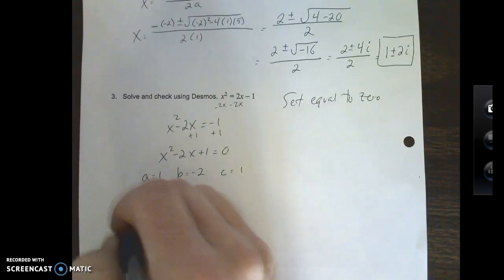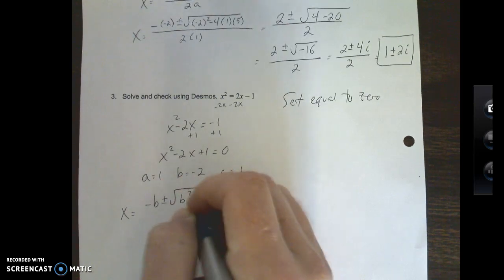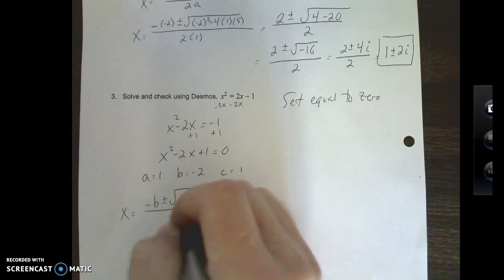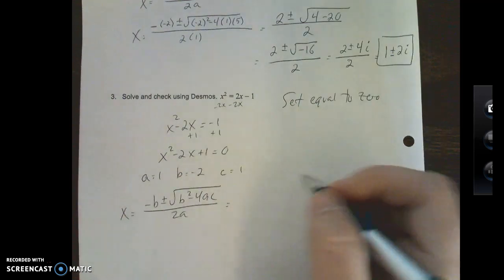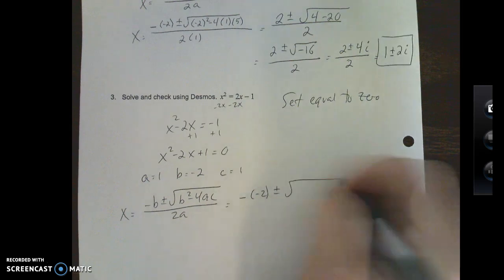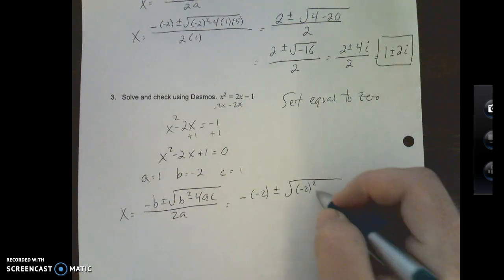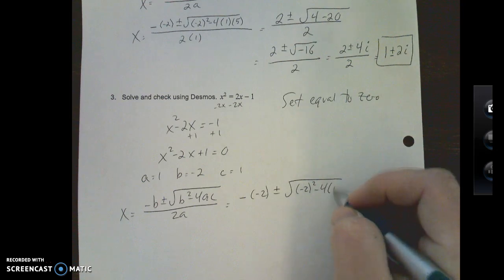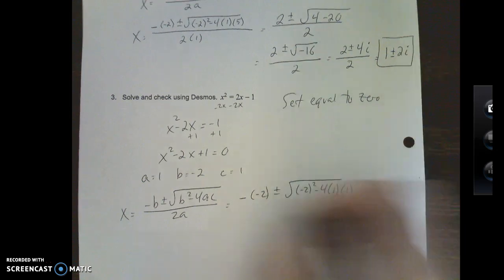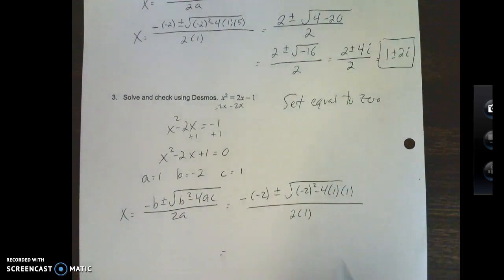All right, so if I put these into my formula: negative B, so it's negative of negative 2, plus or minus the square root of negative 2 squared, make sure you have parentheses around it, minus 4, my A is 1, my C is 1, divided by 2 times 1. Cool.